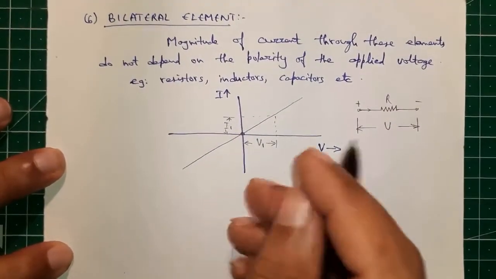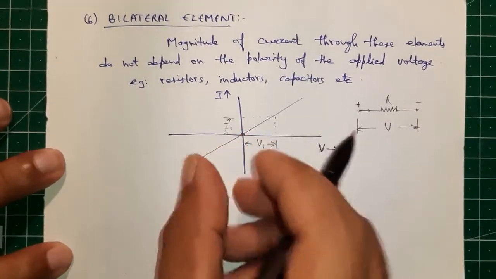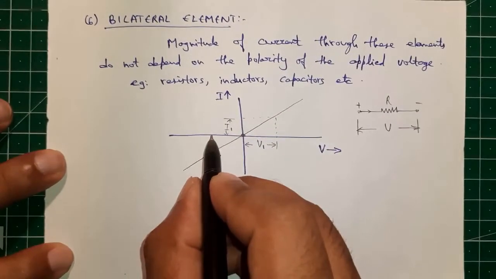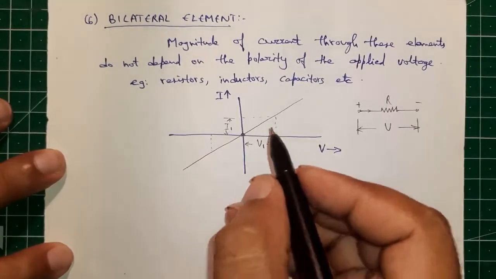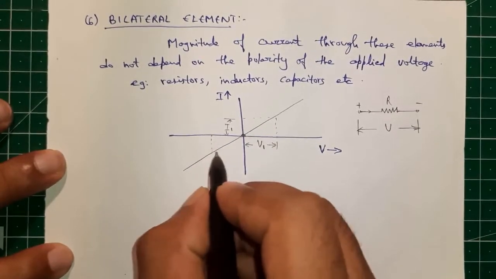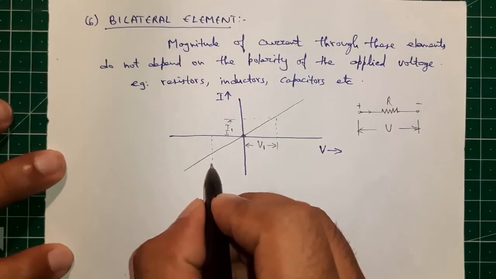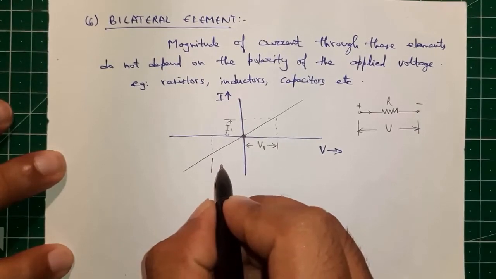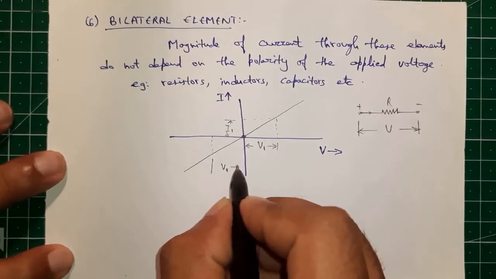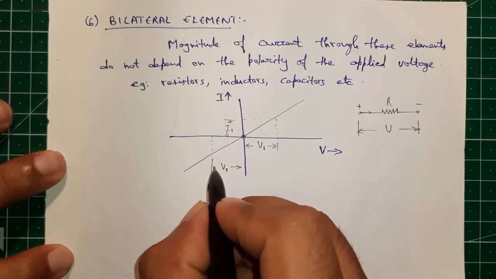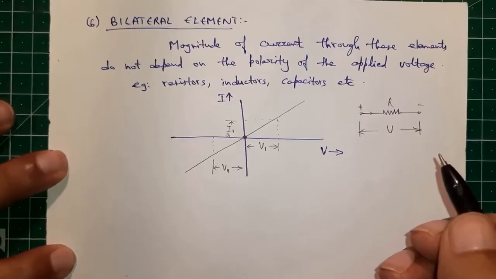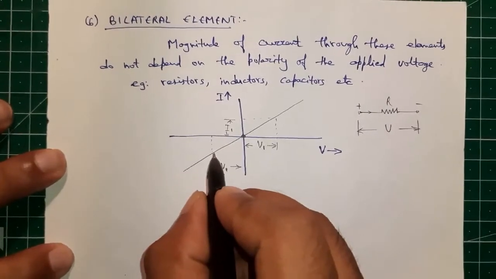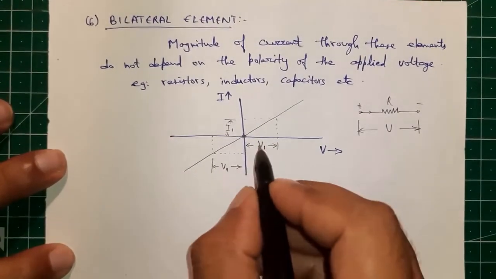Now you reverse this voltage, same voltage V1 but in the reverse polarity, minus V1. Again you get a current, which is I1.